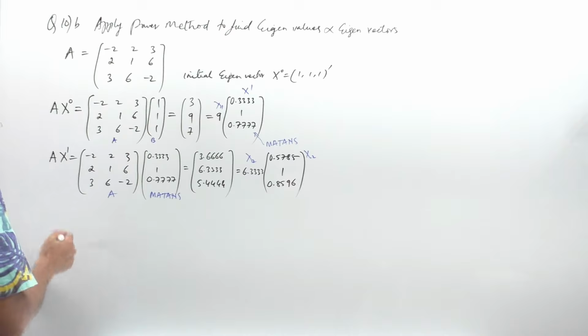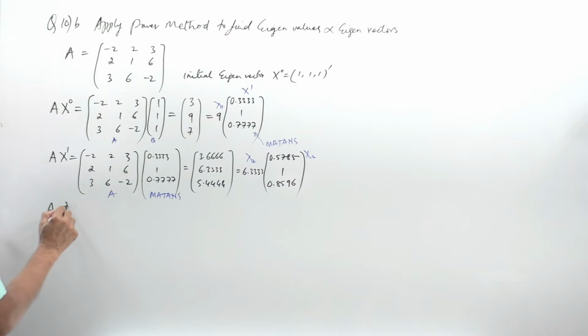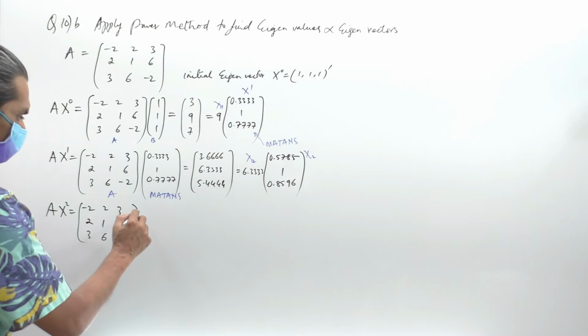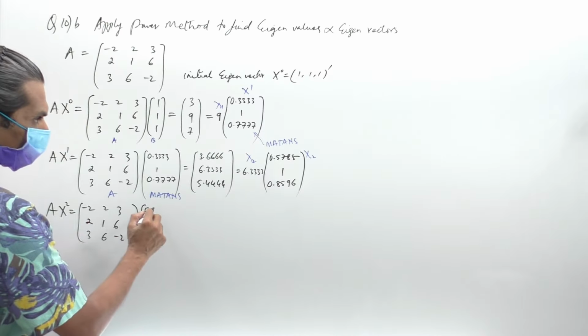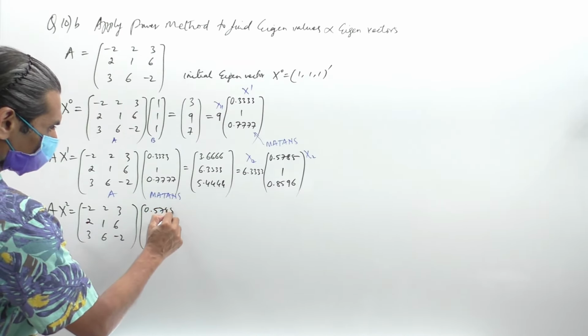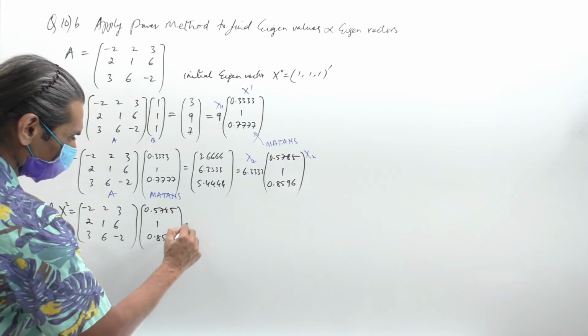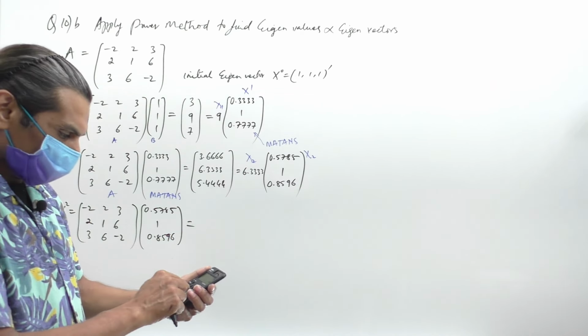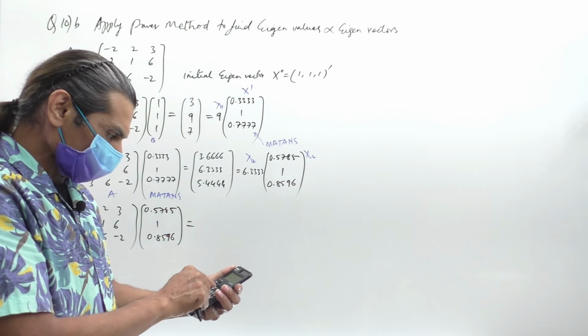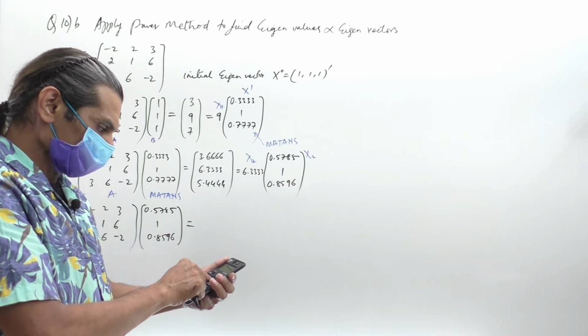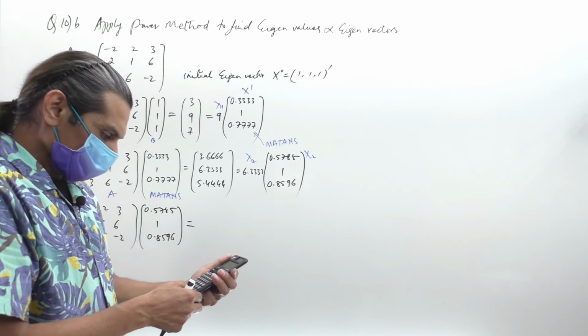Now again A into x2 is equal to minus 2, 2, 3, 2, 1, 6, 3, 6, minus 2 into 0.5785, 1, 0.8596. I'll do it directly here: catalog, matrix A into catalog, matrix answer. Execute.